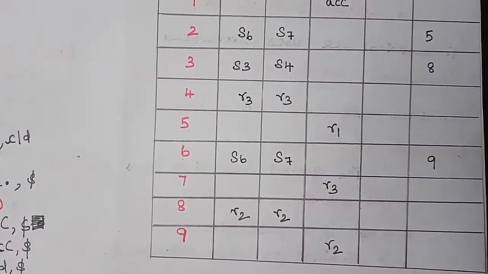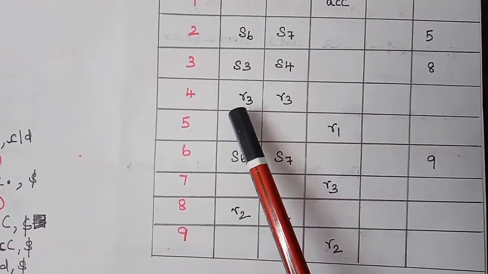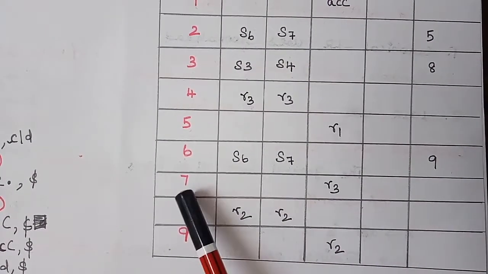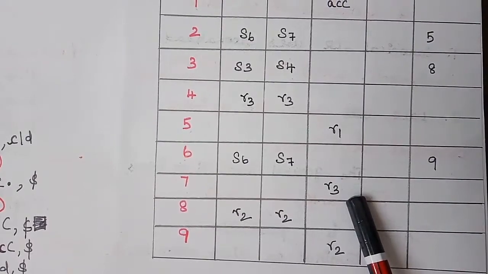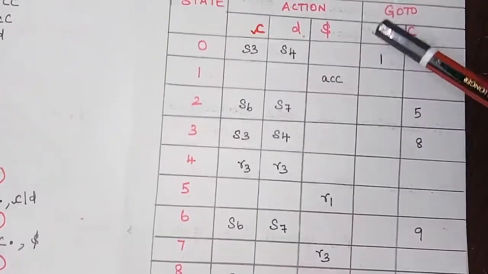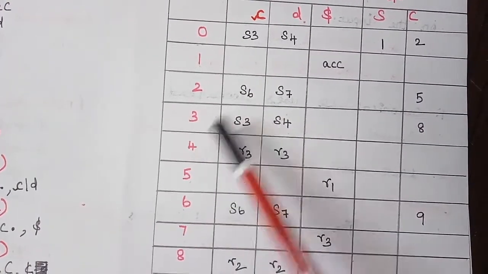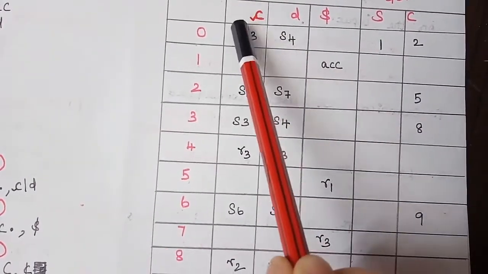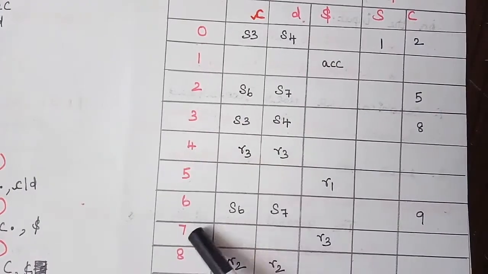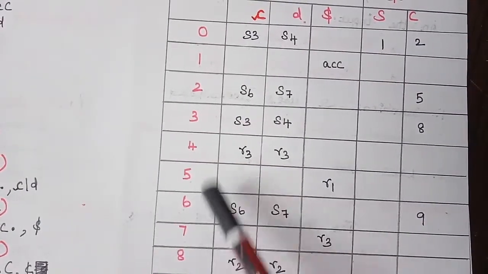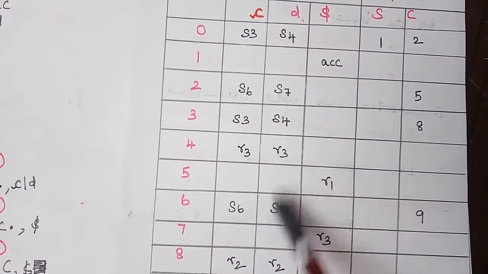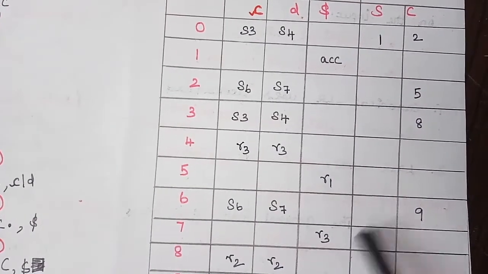Now coming to 4 7, which is also a combined state. In 4 we have R3 in C and D, and in 7 we have R3 in the dollar position. Now we combine these two states, so we have to combine these entries as well.